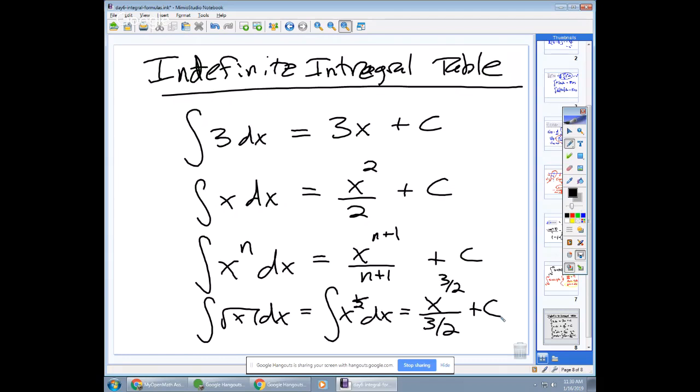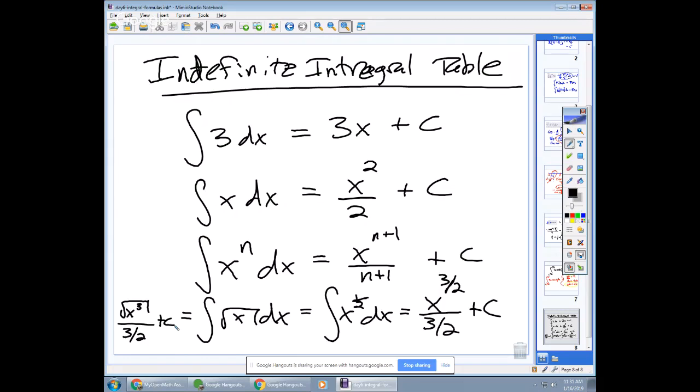What if you were dying for that to be a square root? Well, we could turn it into a square root. The 2 in the denominator means square root, the 3 means the 3rd power. So I could rewrite this as the square root of x cubed over 3/2. You could multiply by 2/3 if you want. I don't think we really need a formula for the square root of x because I think it's easier just to rewrite it as a power. That's an antiderivative for square root of x.